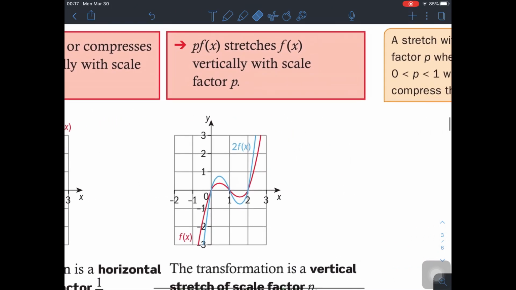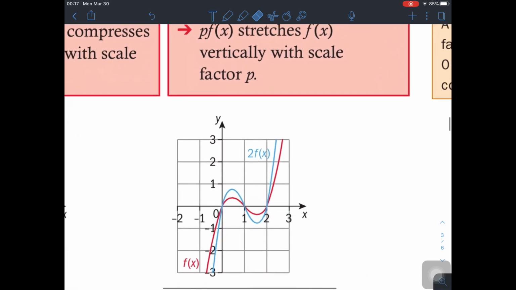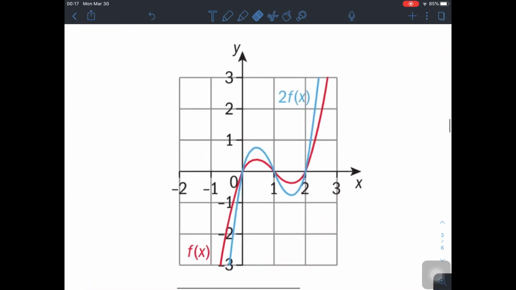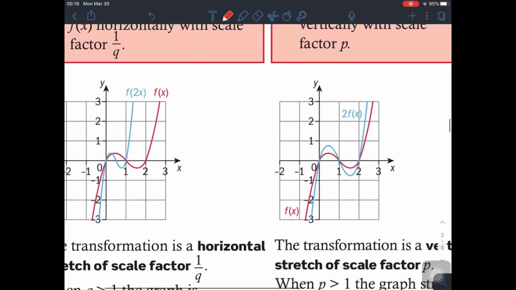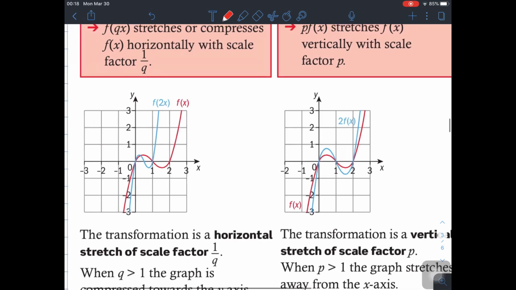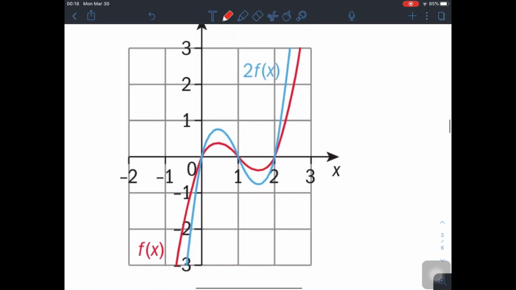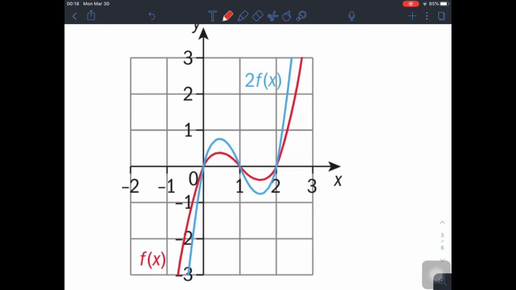Then the opposite thing occurs for the vertical stretch. You see that we have the original function, the red one, f of x, and when we write 2 f of x, you see the difference. In the first case we wrote f of 2x, in the second case we write 2 f of x. What this 2 outside the function is doing is doubling, in this case, all of the values of y. So for example, if this was, let's say, 0.3, the new value of the blue function would be 0.6.